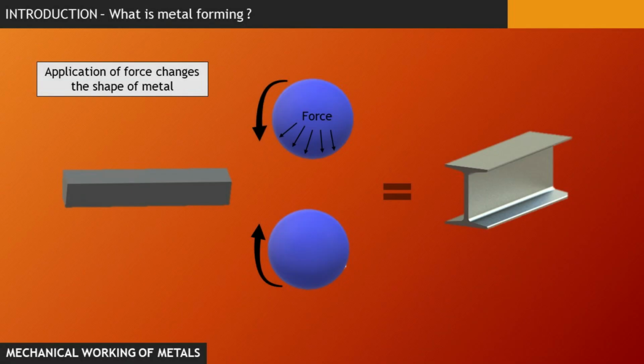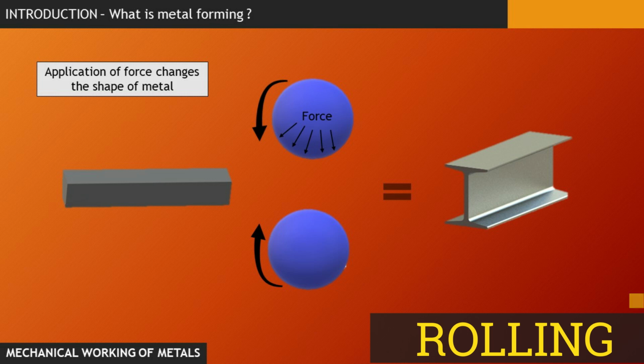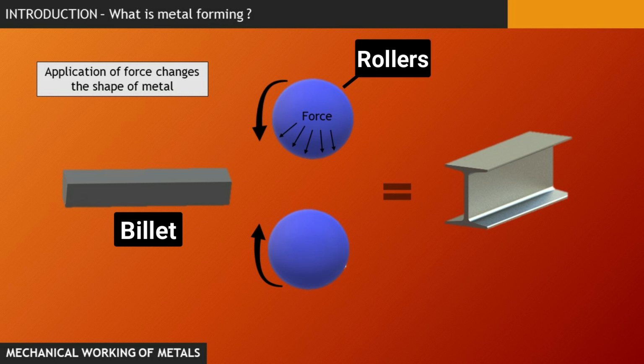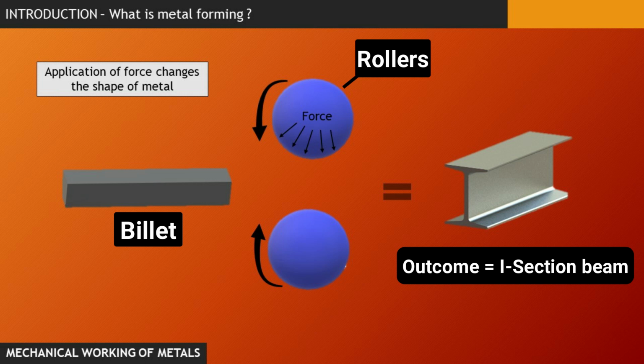Now to understand the metal forming process, let's take the example of the most prominent mechanical working process, rolling. In the rolling process, the raw material, that is billet or bloom, is rolled between two rollers and a final shape is obtained.